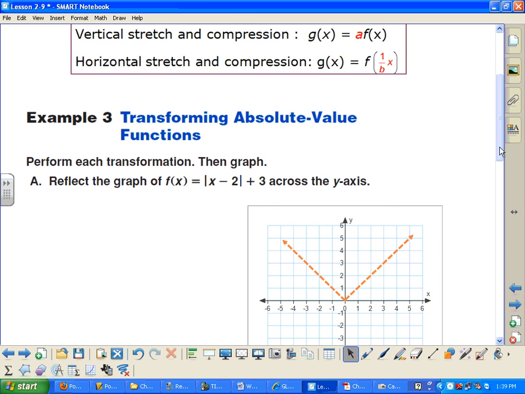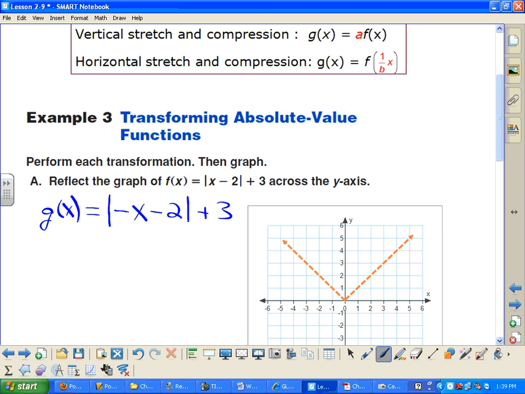So we go down here to the function, and to get g of x, we're going to replace x with -x. All I did is change the x from positive to negative.